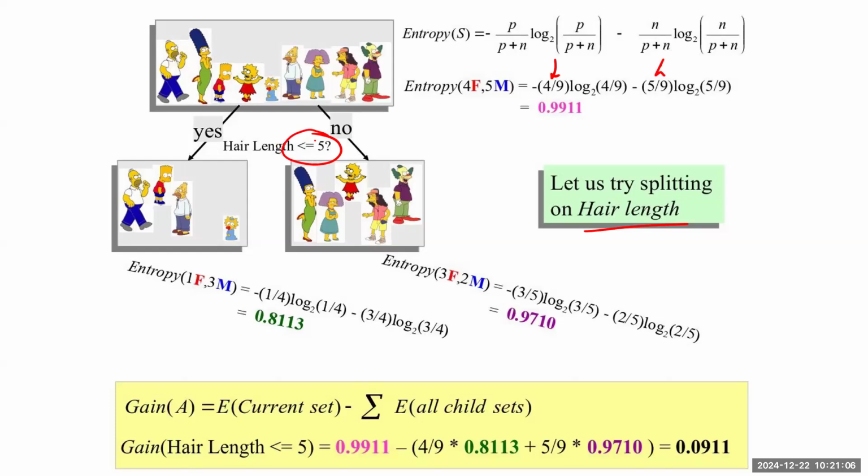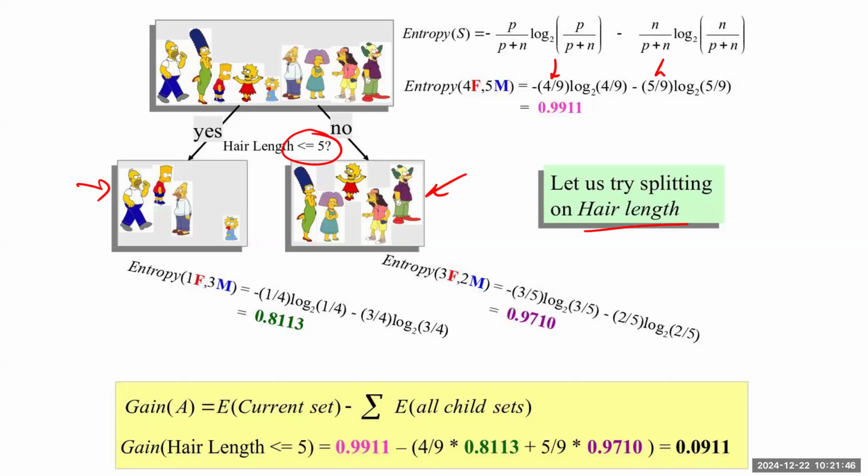And after I do this split, the data is going to be divided into 2 sets. This is the child node. On the left side, for the hair length less than or equal to 5, I have 4 characters. And in the 4 characters, I have 1 female and then 3 male. And so I compute the entropy of this side, the same formula, 1 over 4 and then 3 over 4.